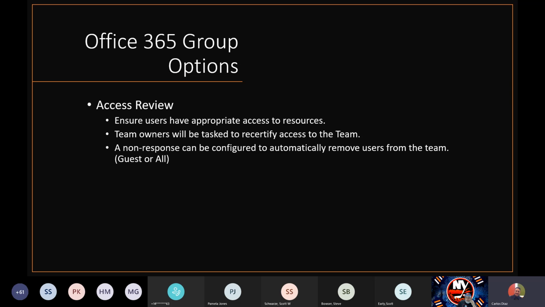So an access review gives that owner the ability to go in, once a month or whatever you set it up to be, review, and remove the users that don't need to be there, or remove them automatically. Let's say at the end of a term, for instance, they're all gone. They don't have access anymore. They're not spending institutional money.